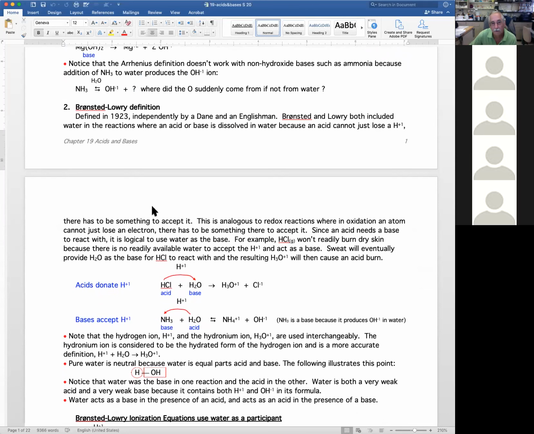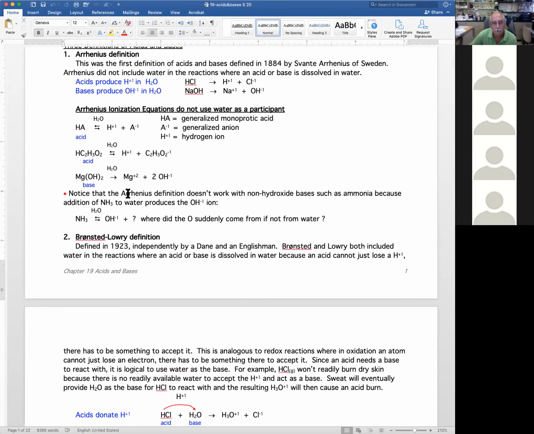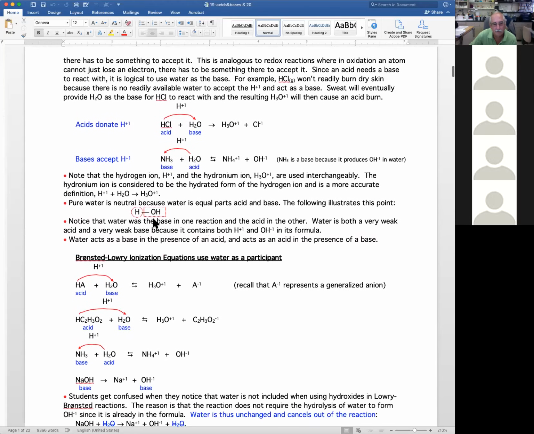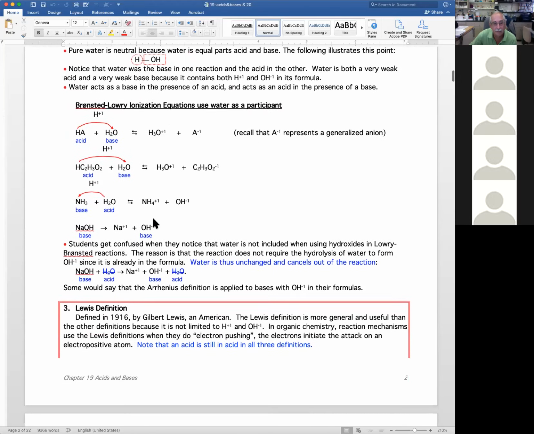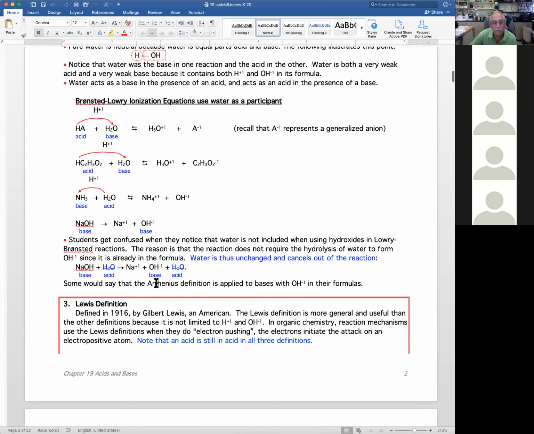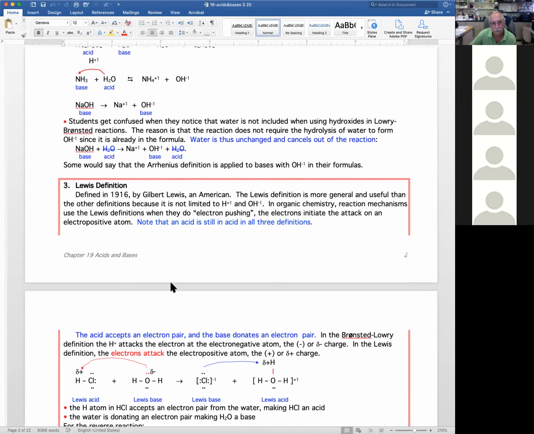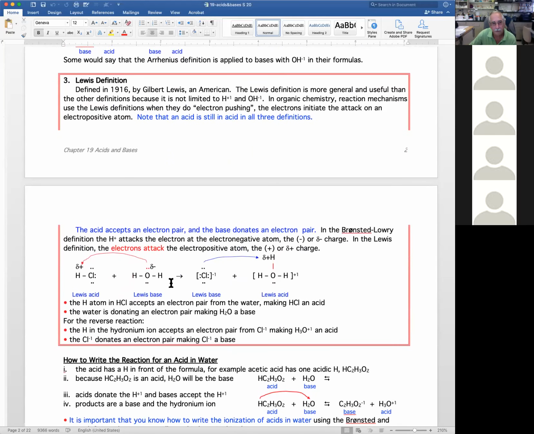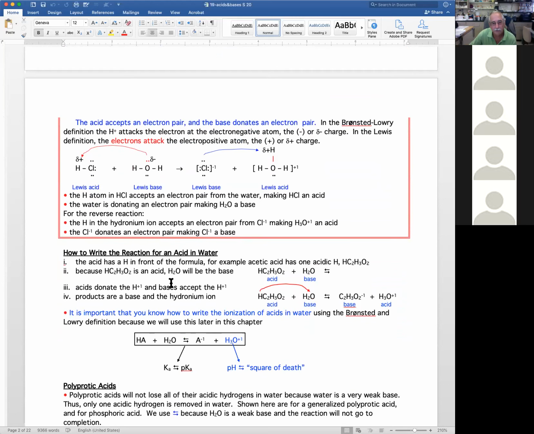Although we see that for hydroxides, we have to use more or less the Arrhenius definition, even though it's not the preferential way to do it. We just end up having to do it because of this. And if you ever take organic chemistry, then you'll be using the Lewis definition because that's all reaction mechanisms.